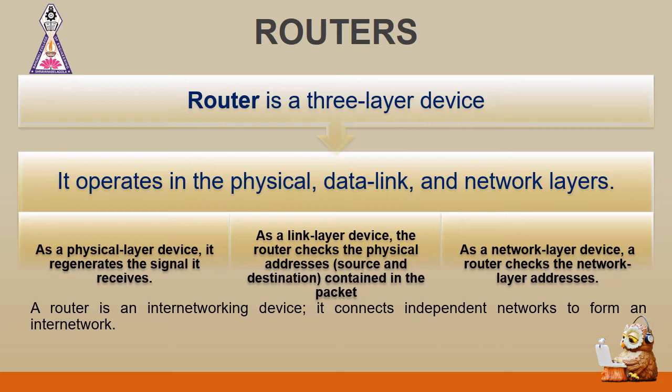If the communication is within the network, my link layer addressing is enough. But if the communication is beyond the network, then I need a device which operates at the network layer. That is why the router is one such solution which will enable the communication between two different independent networks. So thus it is an internetwork.